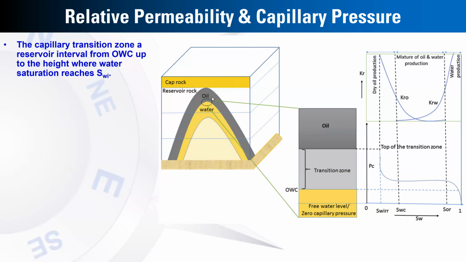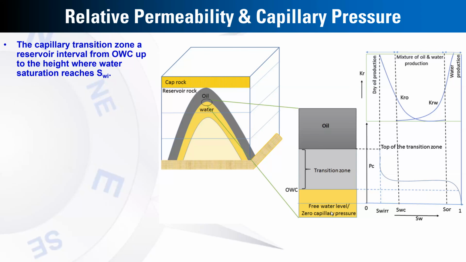If we have an oil leg, below this oil leg we may have a water zone or water aquifer. But the contact between the oil and water zone is actually not a line, but a specific zone defined as the transition zone between oil and water.